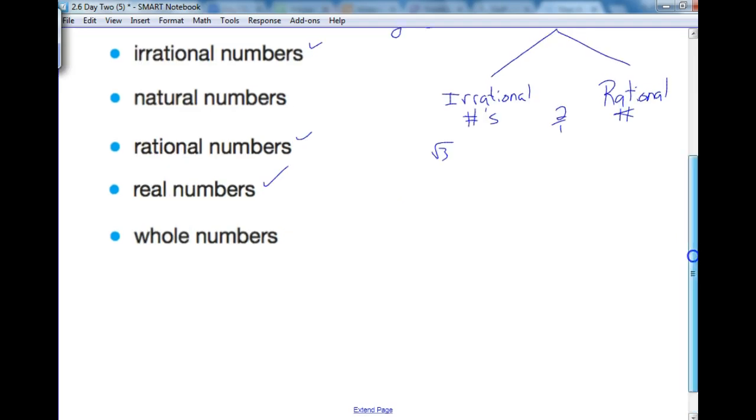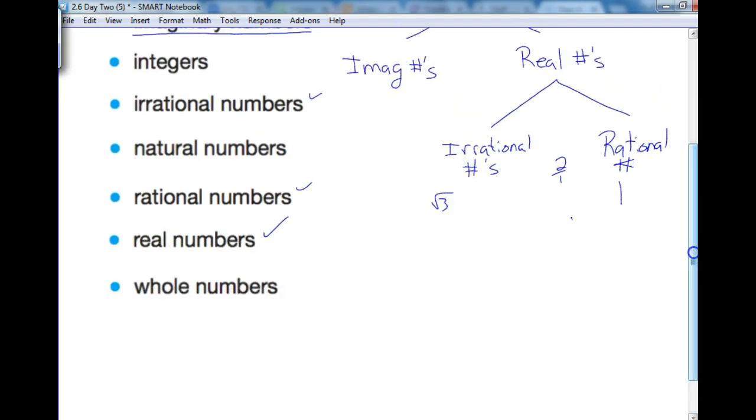We will have integers. Integers are the numbers, basically, say -2, -1, 0, 1, 2, and they go on and on. No fractions, no decimals, those are integers. Integers include positives and negatives.